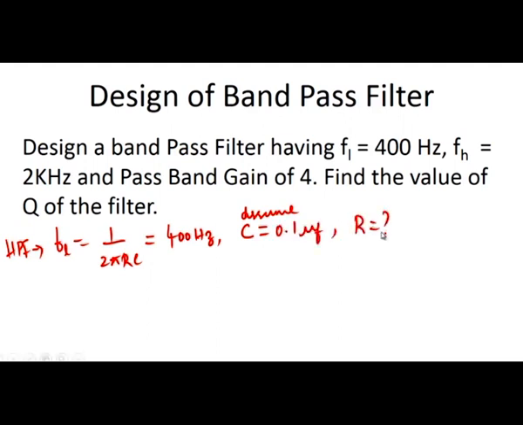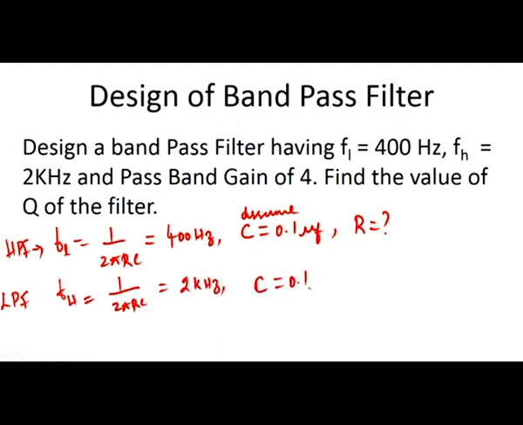Calculate R, and FH is 1 by 2 pi RC. This is for the low pass filter, which is given as 2 kilohertz.